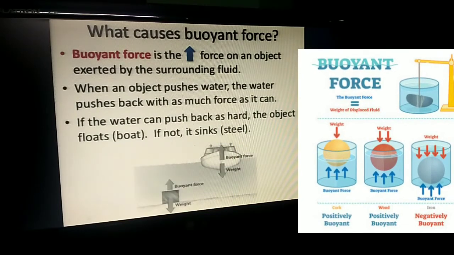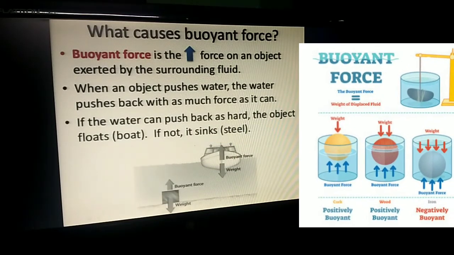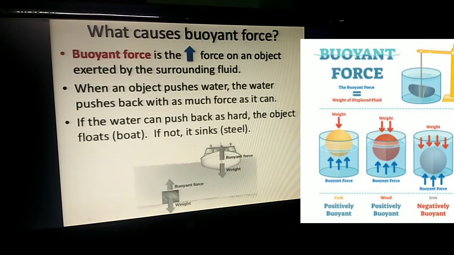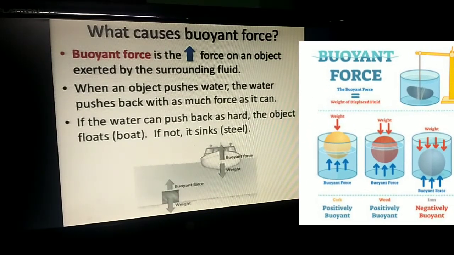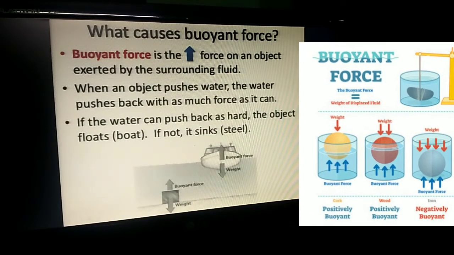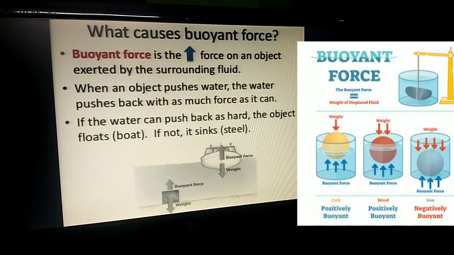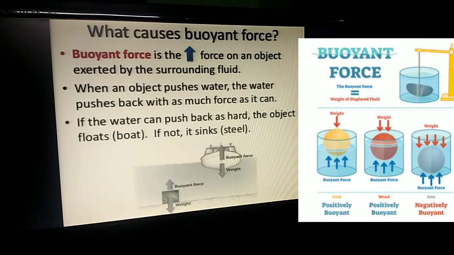By substituting, mg by A becomes Vdg by A, or AHdg by A, that is equal to Hdg. A and A get cancelled.